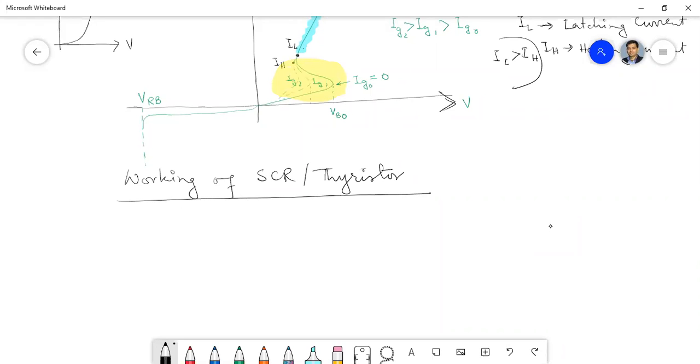But there should be sufficient anode to cathode voltage, otherwise it will not start conducting. Now here we generally explain this working by the two transistor model.